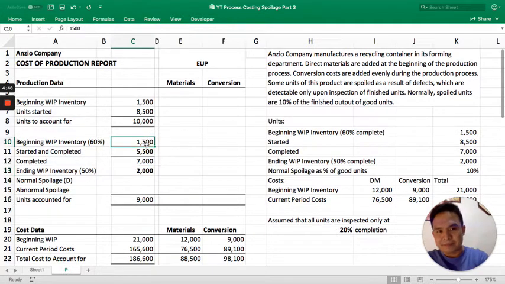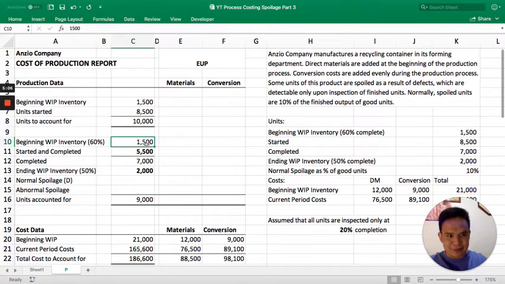Next, yung beginning na 1.5. Remember, start pa lang, nasa 60% na siya. Dumaan ba siya sa inspection point? You have to consider that this is only pertaining to the current period. So, dumaan ba siya sa inspection point in the current period? In the current period, it went from 60 to 100. Di ba? Kasi 60 na siya at the start. Dumaan siya sa 20, hindi na.